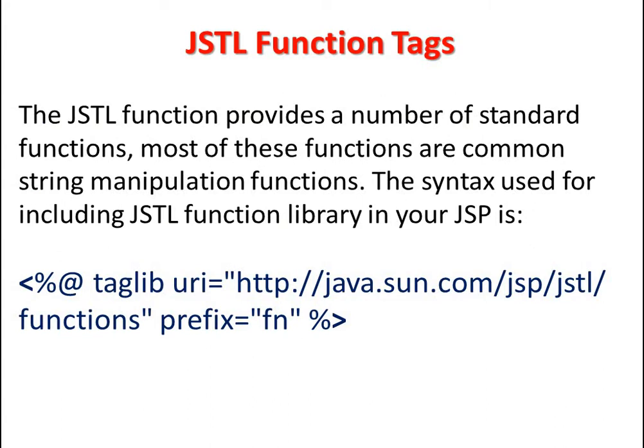Now the second one is JSTL function tags. Function tags provide a number of standard functions. Most of these functions are common string manipulations. So basically, the function tags are used for string manipulations, and the prefix for the function tag is fn.